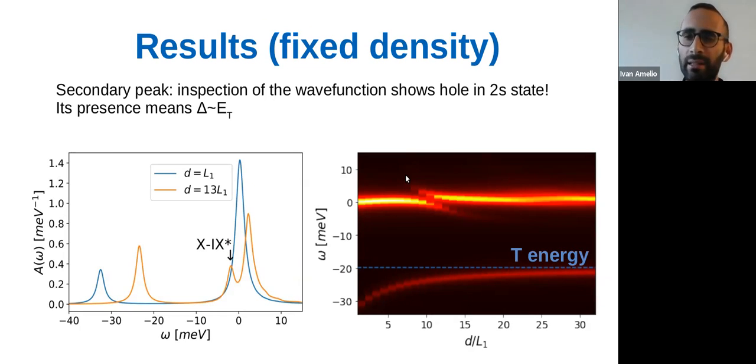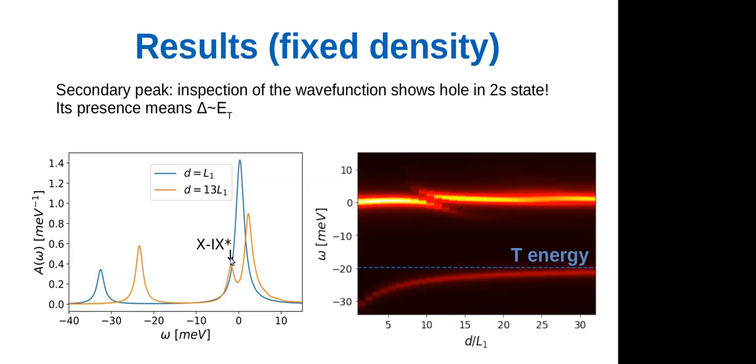This tells you that to excite to the 2s state, you are paying some fraction of the Rydberg energy. But in this model, this energy would be of the order of delta.